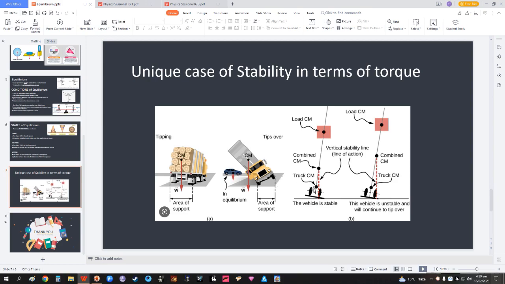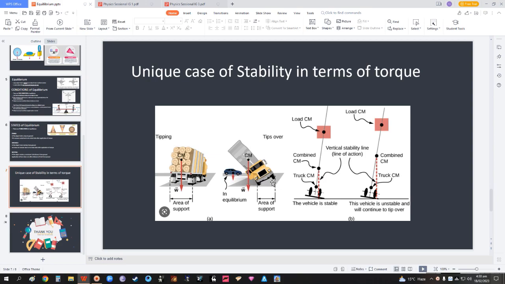You would find that the trucks that are overloaded, or they're not counting the effect of the center of mass, then it's going to be a toppling accident. The truck may topple, and it may cause some risks on the road.